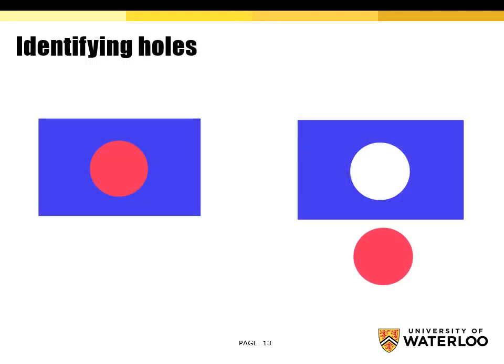Now let's discuss how we identify holes in an image. For this, let's consider a trivial case in which we have a rectangular object in the background and a circular object on top of it in the foreground. Now, if we move the circular object away, we can see a hole in the rectangular region. So in general, we can identify these holes as the pixel positions which have disparities that are higher than the current layer.